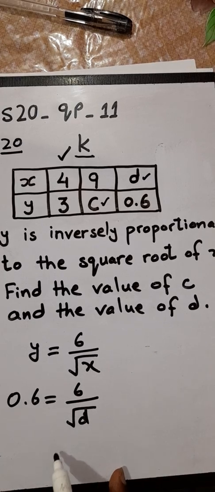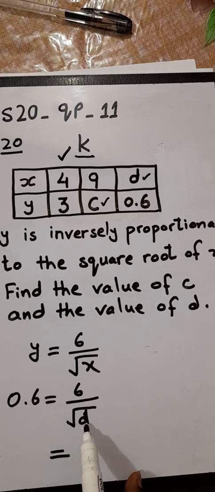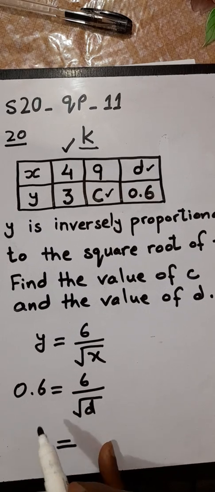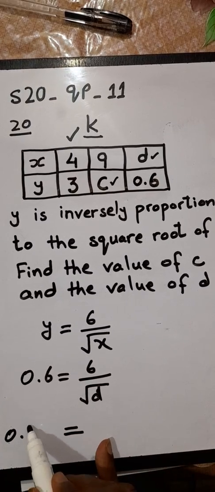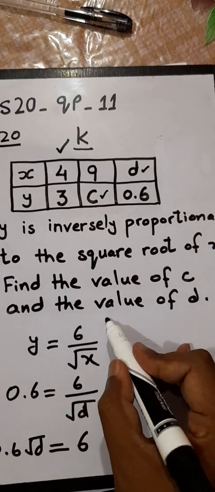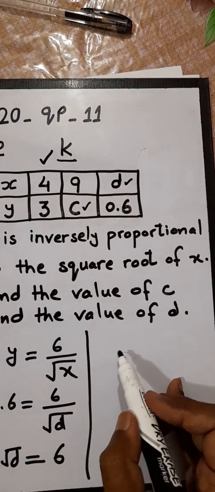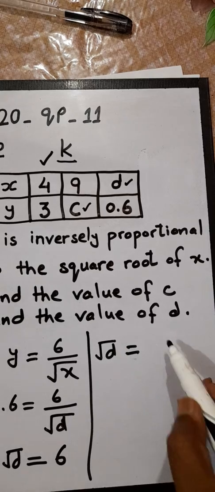Now you can multiply this square root d with the 0.6 and it will become 0.6 times square root d equals 6.